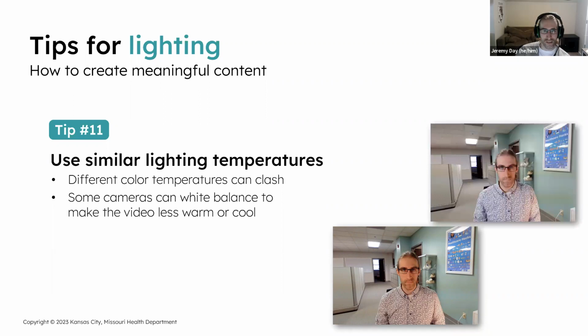And just to show, that is with the ring light, which is on my left side, well, my right side, that's opposite the wall. You can kind of see in the two pictures that it's not quite as warm a color. And that probably is okay. It's not super noticeable.